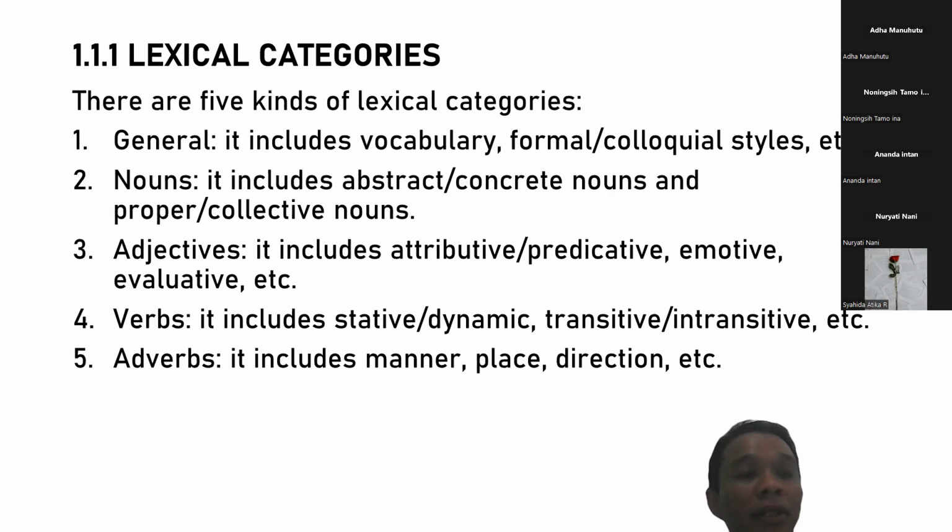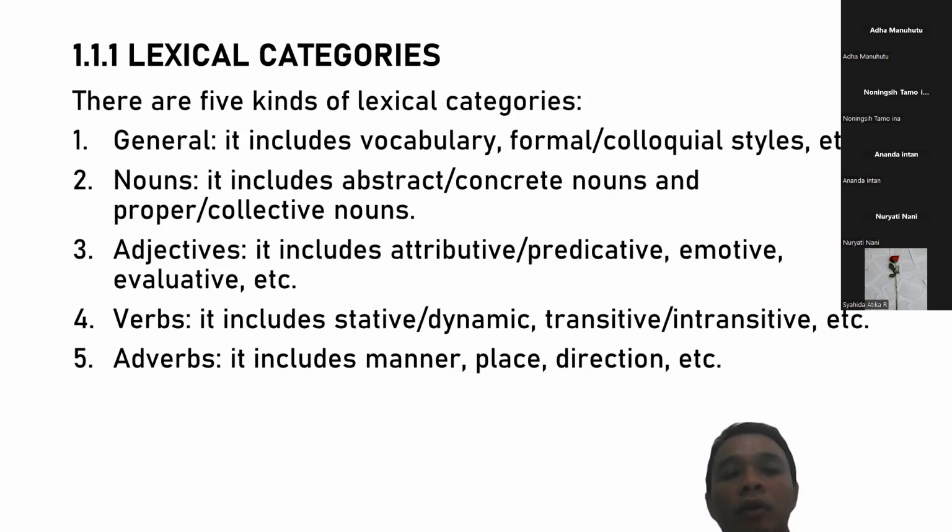Formal styles are what we usually use maybe at school, in the office, in the government. Meanwhile, colloquial styles are what we usually use in daily life, at home, maybe in the canteen, in the public area, like I said before.